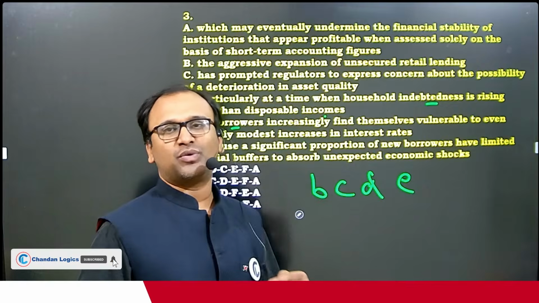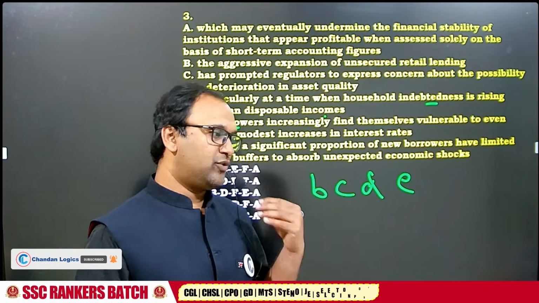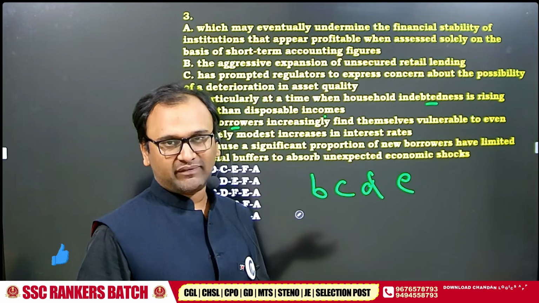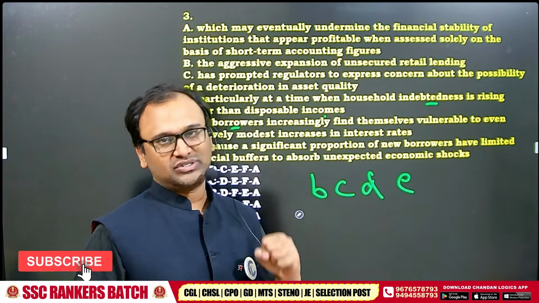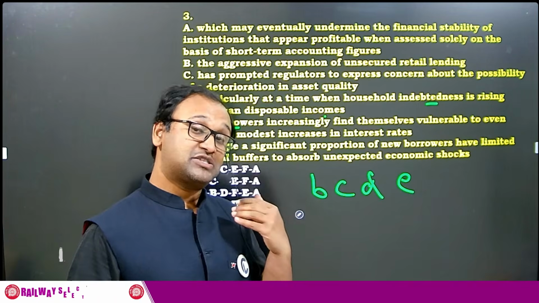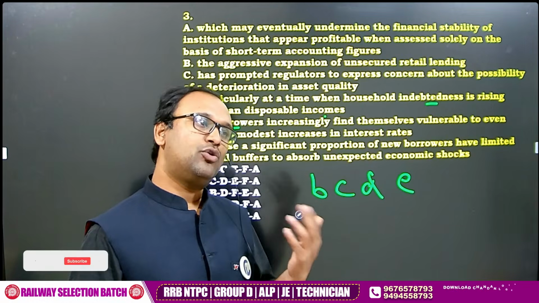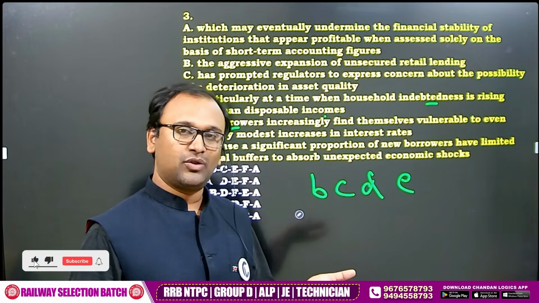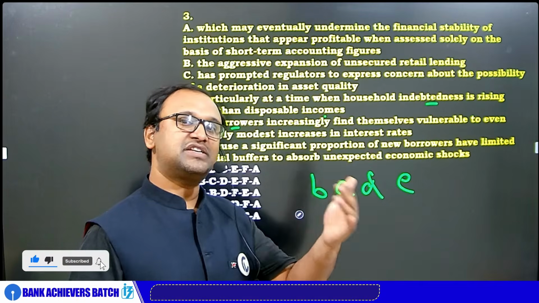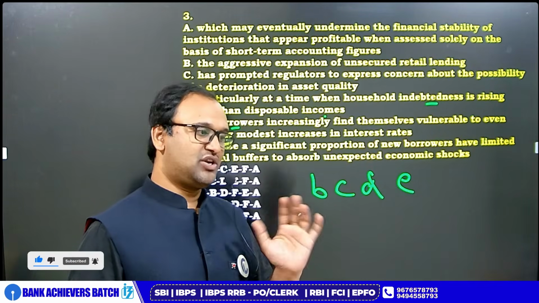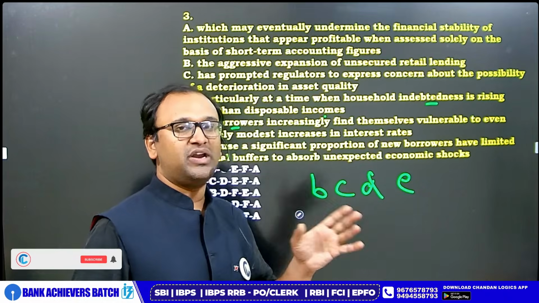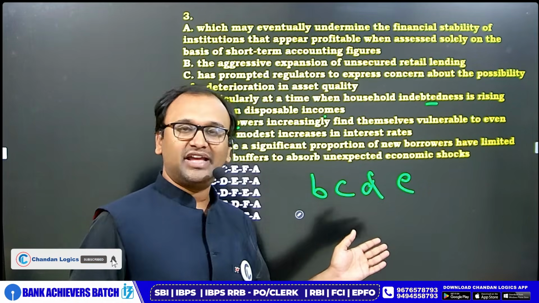See, naturally, simple logic, simple economics. Your salary is 20,000 per month, but your expenditure is 40,000 per month. Naturally, you will take loans. But if your expenditure is already more than income and you take a loan, how do you repay the interest? How do you repay the loan? Already your expenditure is more than the income. Naturally, nobody will give you a loan. But in India, everything is possible.